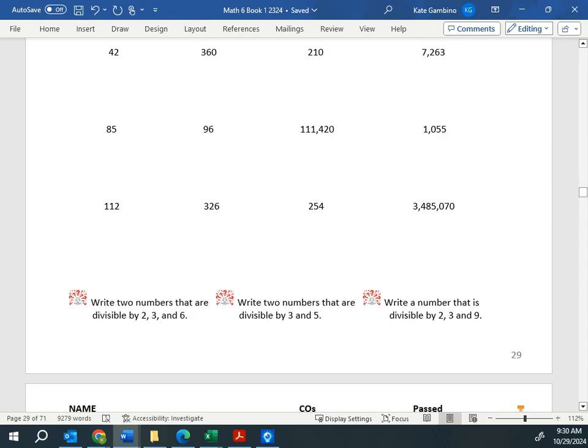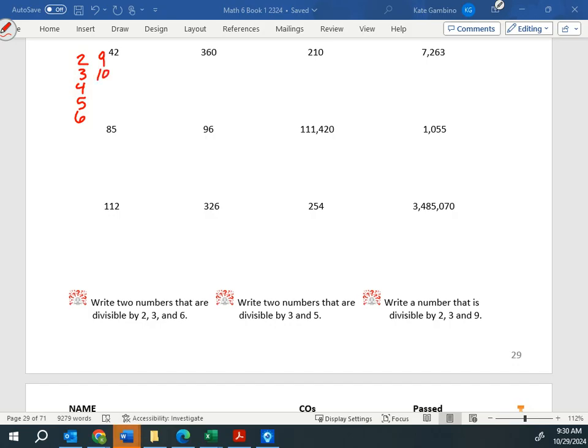So what I do is I write all the numbers down. 2, 3, 4, 5, 6, 9, and 10. Okay. I'm going to decide which of these numbers it's divisible by. I'm going to go through every single number. I'm going to look at the rule and see if that number works for it. If it doesn't work, I'm going to cross it off. And now I'm going to see what I'm left with in the end. Let's put the 9 and 10 over here.